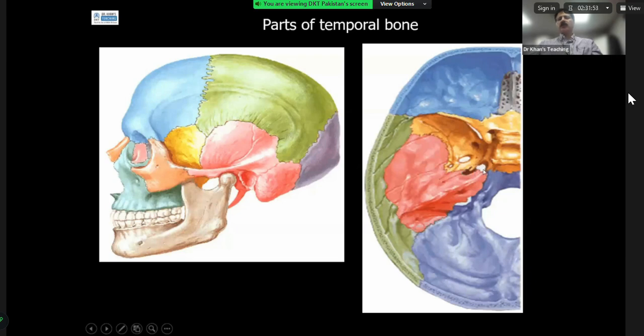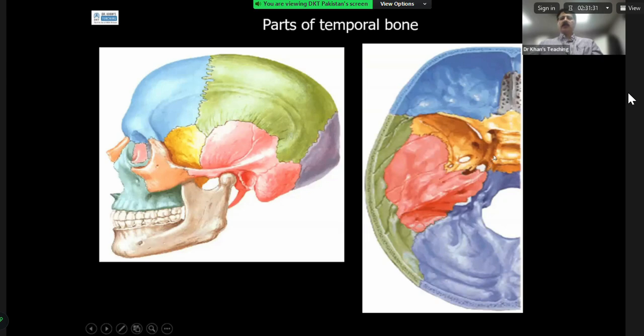This foramen here is known as the foramen lacerum. In a live person, it is filled with cartilage, etc. The internal carotid artery passes superior to that.